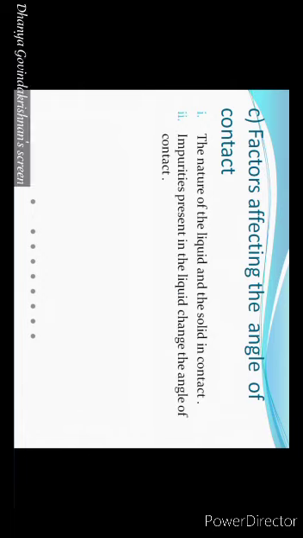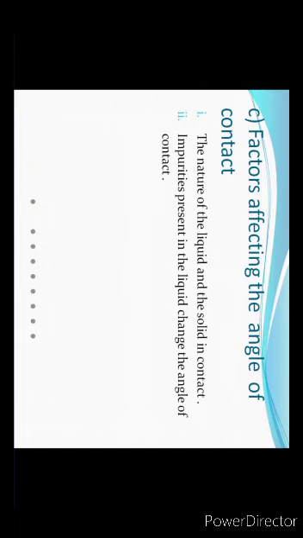the impurities present in the liquid change the angle of contact. As impurities are added, surface tension changes. Surface tension will change according to the impurity, and as surface tension changes, the angle of contact will also change. It depends upon the nature of the impurities.